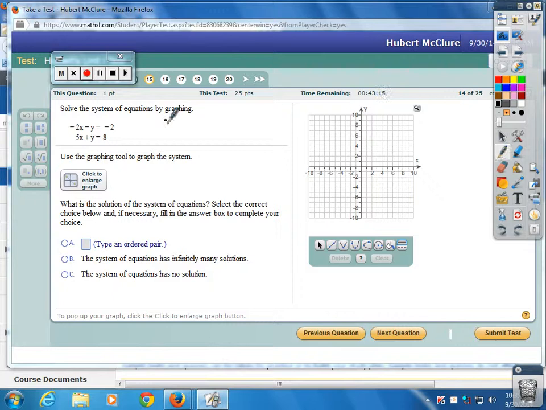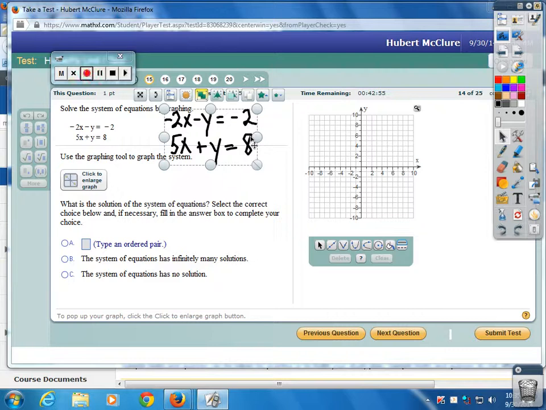So 2x minus y is equal to negative 2. And let me just write them down, and I'm going to put them on another page. 5x plus y is equal to 8. So let me copy and put on a white page.